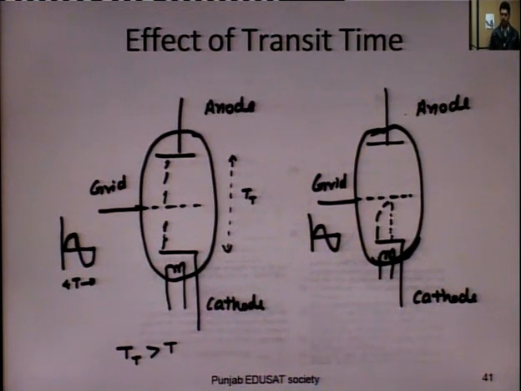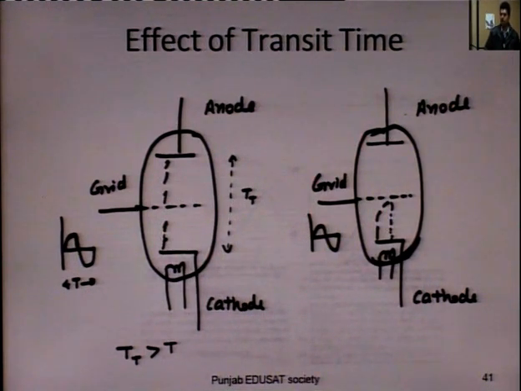During the positive half cycle, the electron will be emitted from the cathode, but as it reaches the center of the grid-cathode region, the polarity shifts to the negative side, and the electron returns back to the cathode. As a result, the anode current will not follow the grid potential.